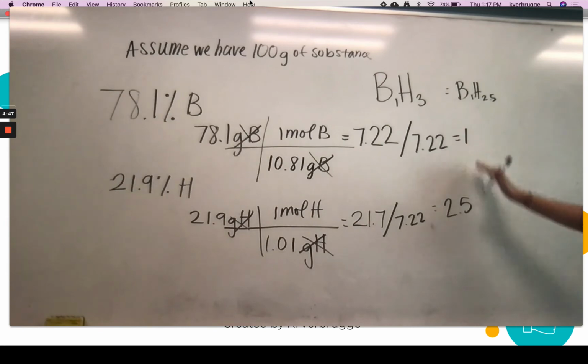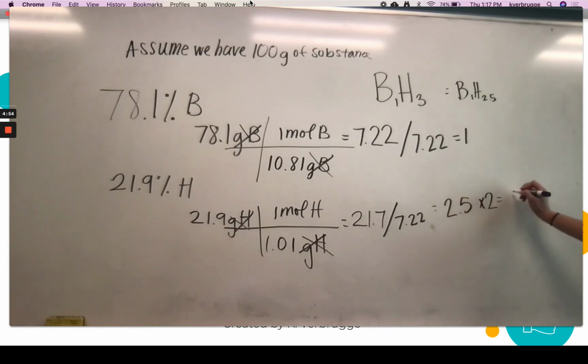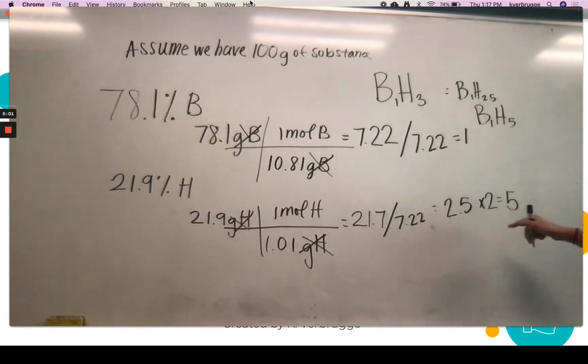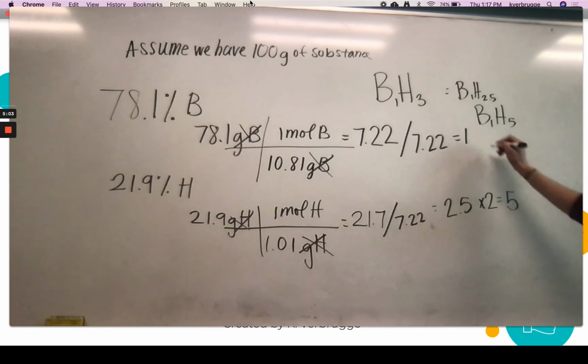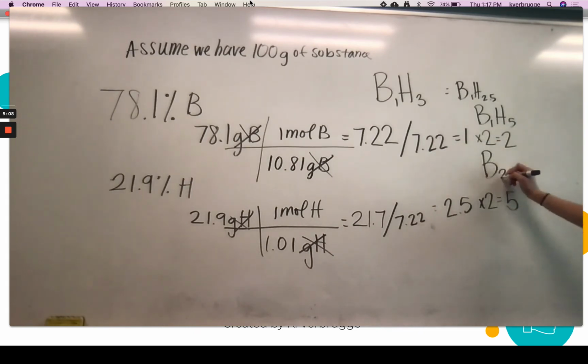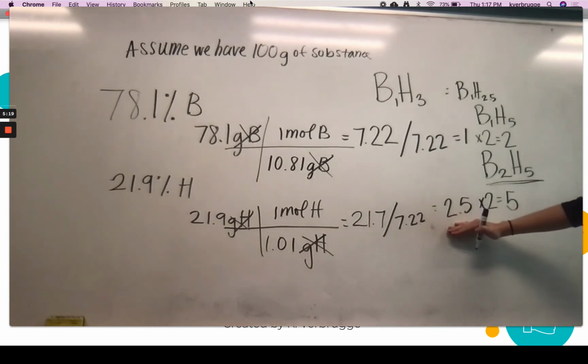So what we need to do is make this its nearest whole number. 2.5, if we multiply that by 2, we get the number 5. So we'd have B1H5. However, if we've multiplied this by 2, we also need to multiply this by 2. So our answer here would be B2H5. Of course, that's not the answer to this problem, but that's what you would do if you come across a problem that has not a whole number.